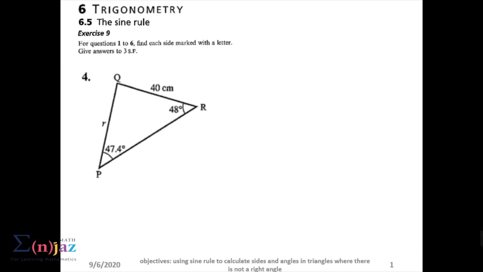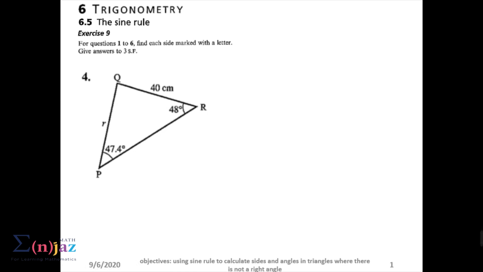Always start in alphabetical order. P, Q, R. So angle P is equal to 47.4. And P small, which is the length, the side that is opposite to angle P, which is QR, is equal to 40 centimeters.